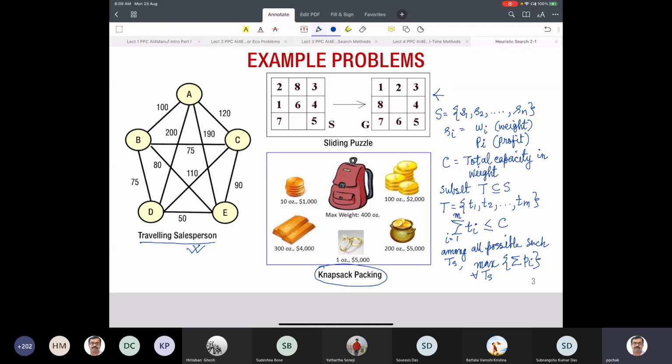What is the difference between the traveling salesman and sliding puzzle on one side and the knapsack problem on the other side? Yes, this is a maximization problem, and the other two are minimization problems.